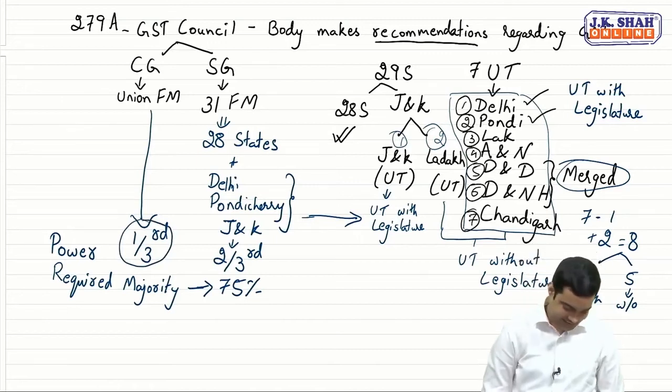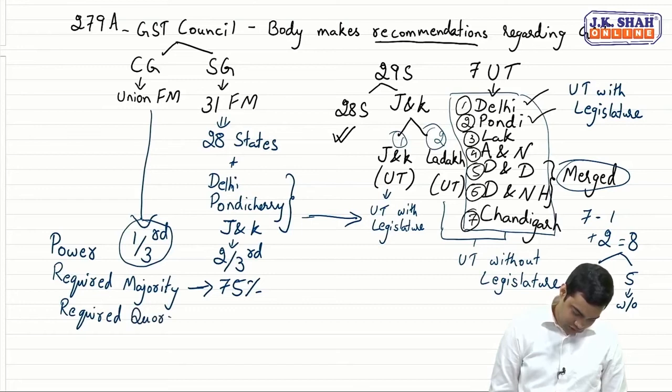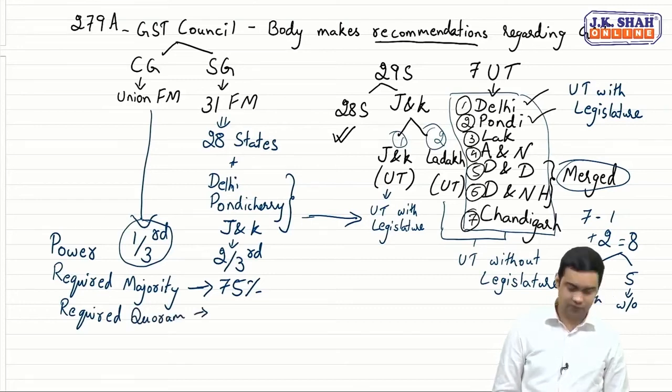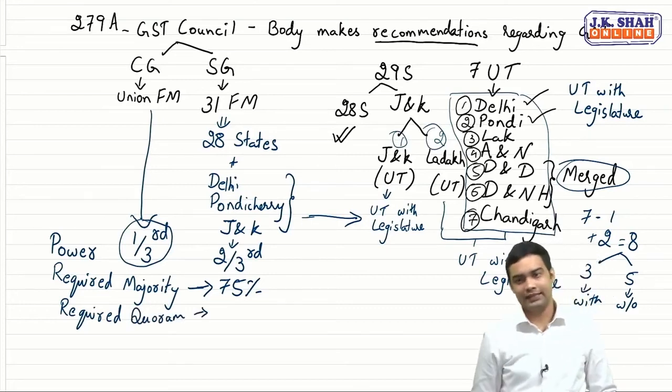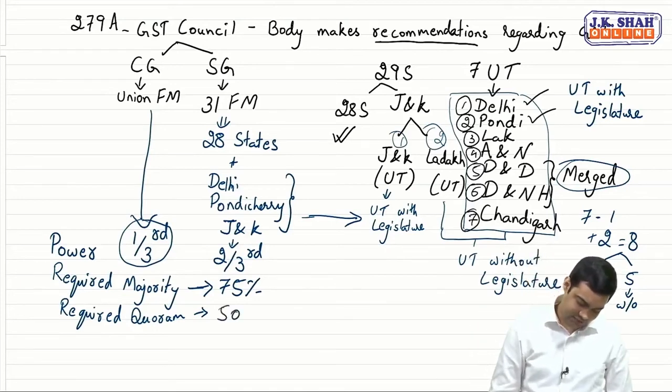And then we come to the required quorum. I am sure you understand what's the meaning of quorum. Minimum attendance required for a meeting to be held valid. That minimum attendance required for a meeting to be held valid is 50%.